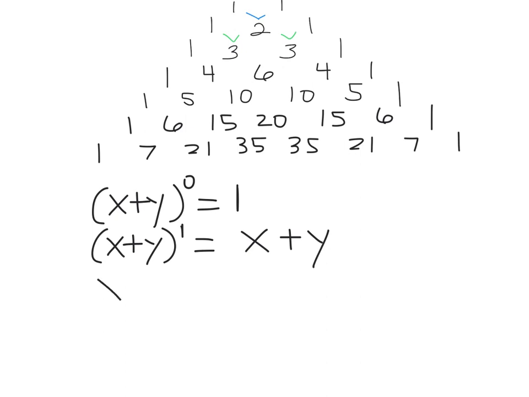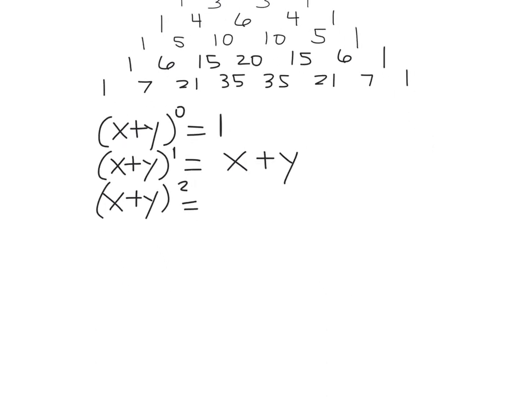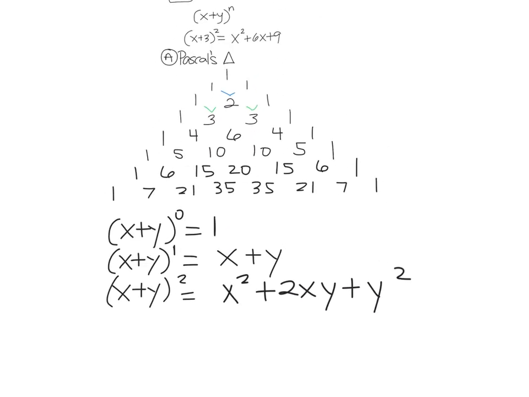We just did this a minute ago, x plus y squared. If you FOIL that out, you will get x squared plus 2xy plus y squared. That comes from right here, 1, 2, 1. So these are going to be the coefficients when we FOIL the whole thing out.